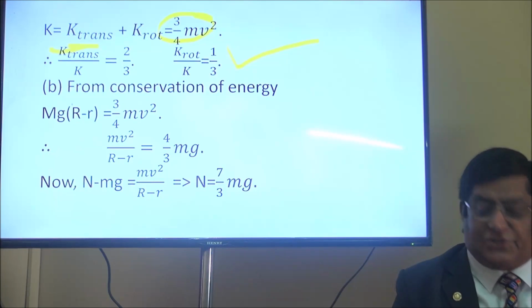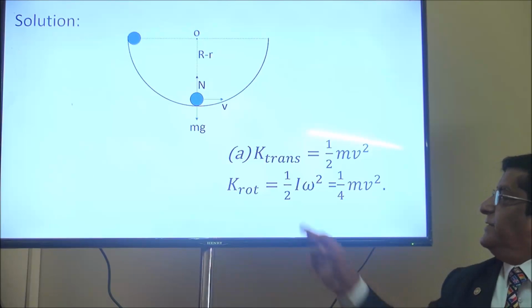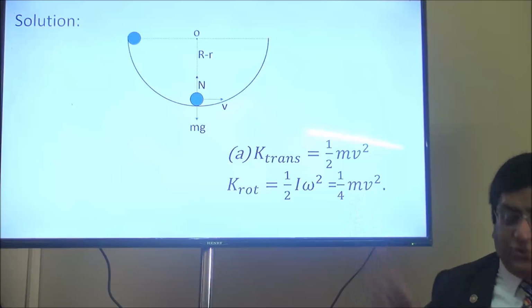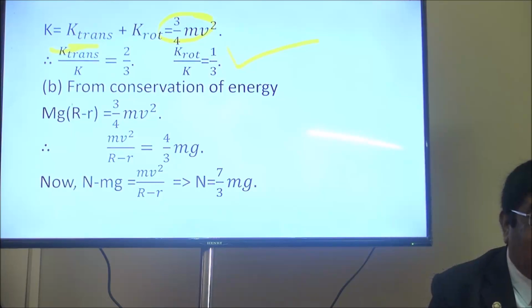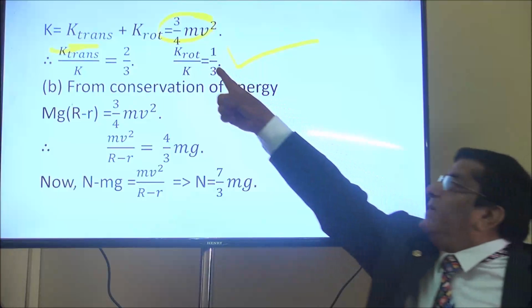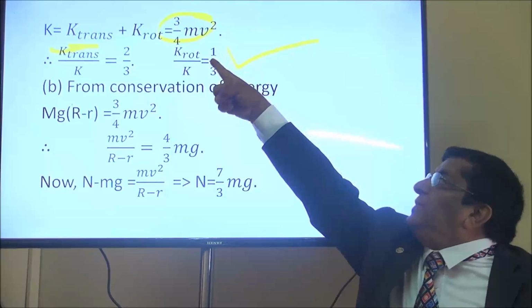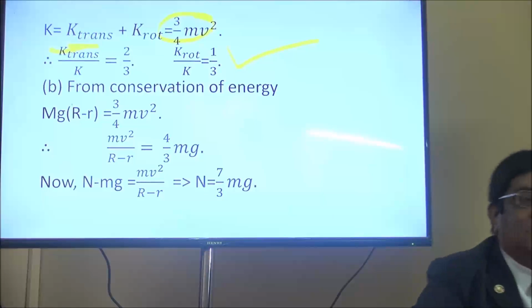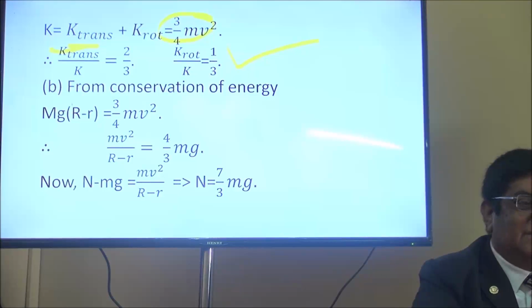How much is the rotational energy? You converted it. So the numerator will be 1/4 mv square divided by total 3/4 mv square. How much does it come to? 1/3. Got the answer? Okay. So this is for A. Now for B.